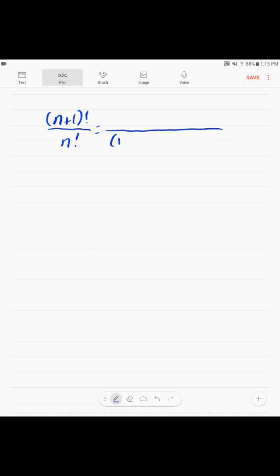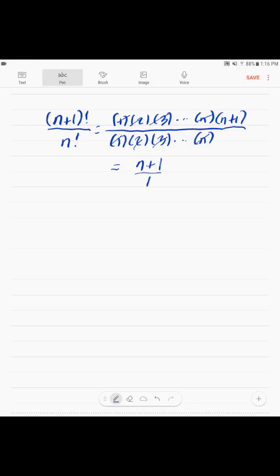On the bottom, n factorial means 1 times 2 times 3 all the way up to n, right? n plus 1 factorial means 1 times 2 times 3 all the way up to n, and then n plus 1. It's the product of all the natural numbers up to n plus 1. So all of these cancel, leaving just n plus 1 over 1.